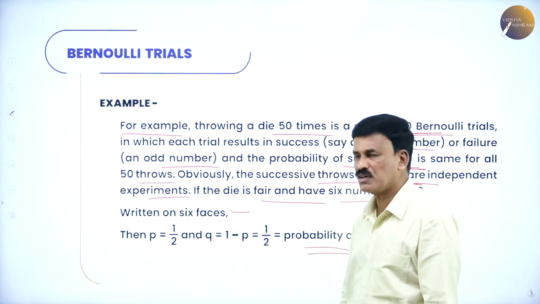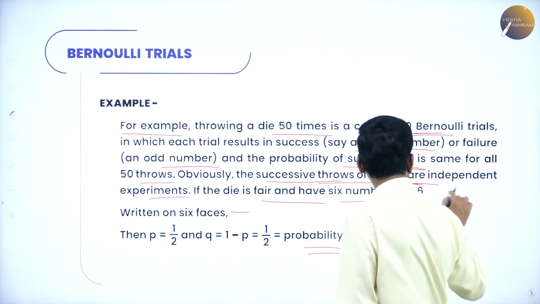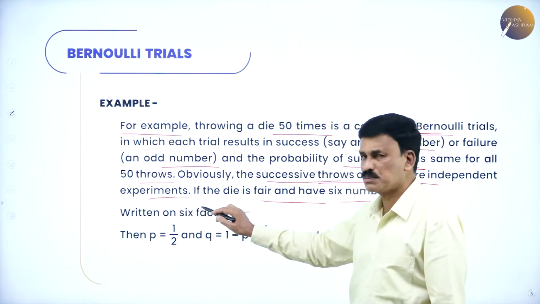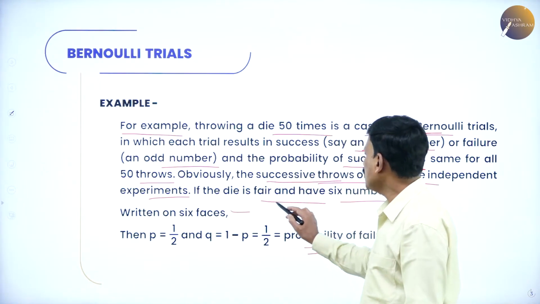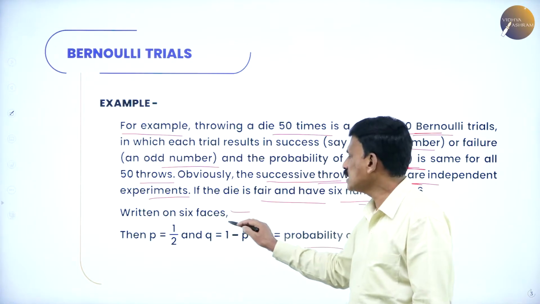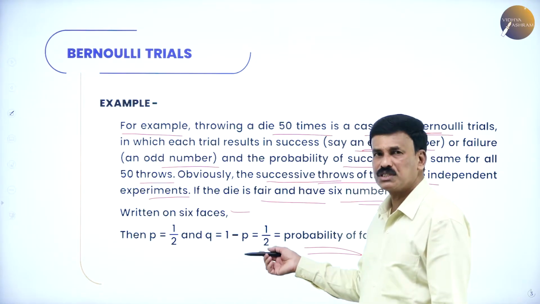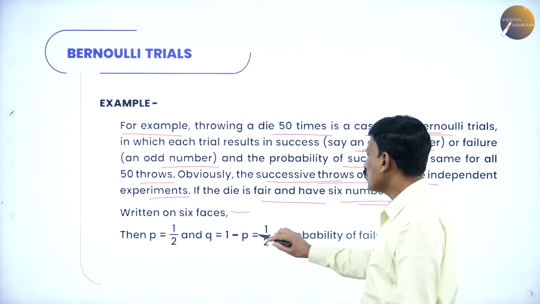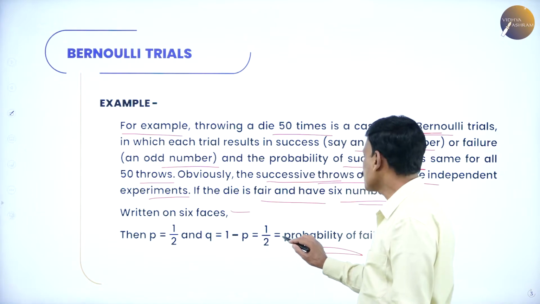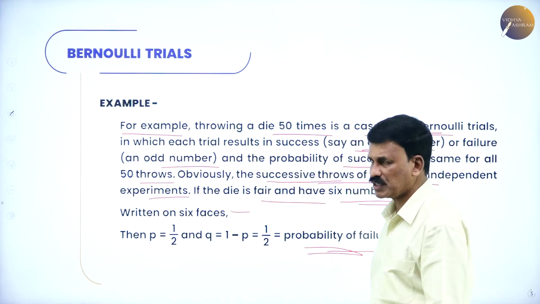And obviously, the successive throws of the die are independent experiments. So, if the die is fair and has 6 numbers 1 to 6 written on the 6 faces, the probability p is equal to 1 by 2 and q is equal to 1 minus p, that is 1 minus 1 by 2, that is also equal to 1 by 2. That is nothing but the probability of a failure.